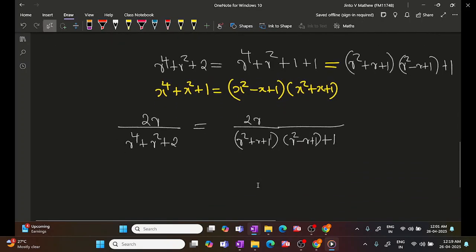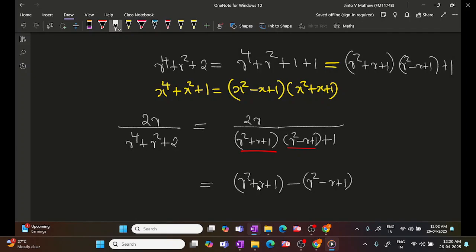And if you observe carefully here, the difference of these two terms, that is r square plus r plus 1 minus r square minus r plus 1, is nothing but 2r. So we will express the numerator 2r. We will write 2r as r square plus r plus 1 minus r square minus r plus 1.